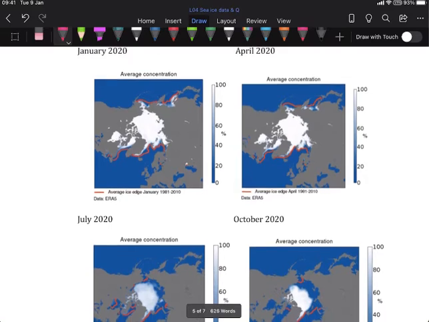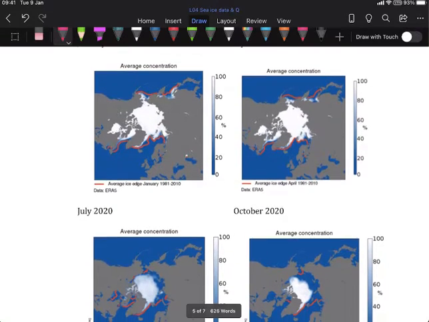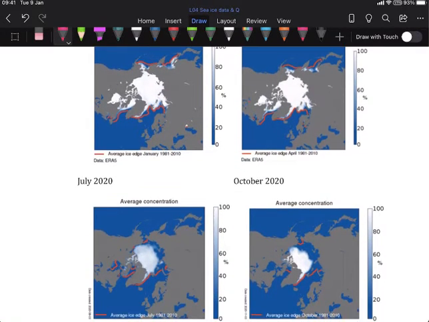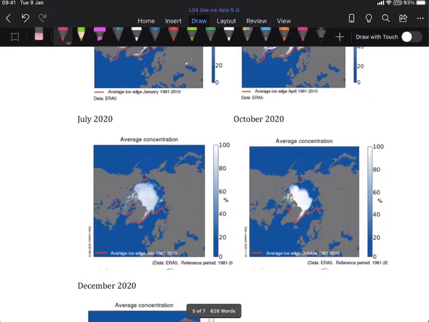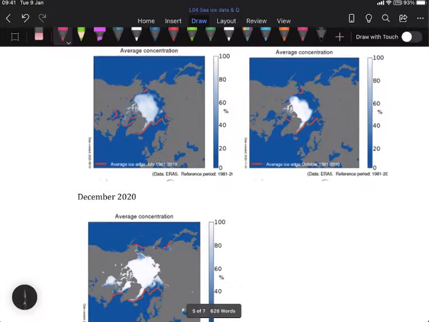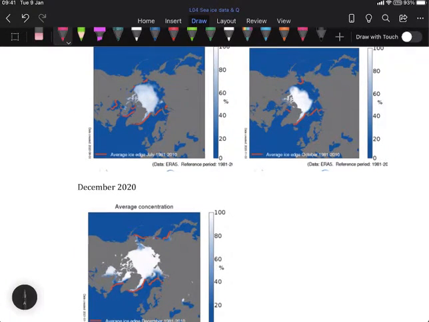So in my head, their sea ice looks like it is increasing between January to April. So January to April, there's an increase. There's a decrease in July.